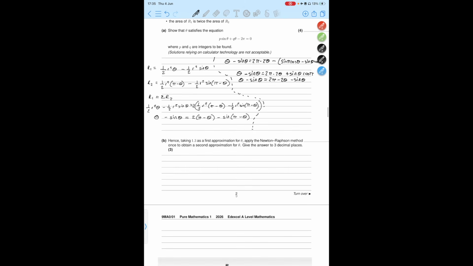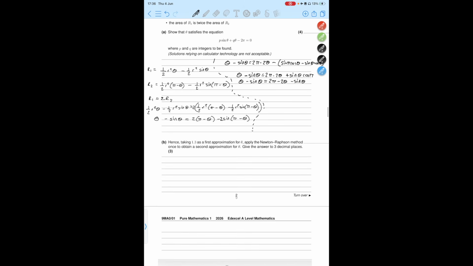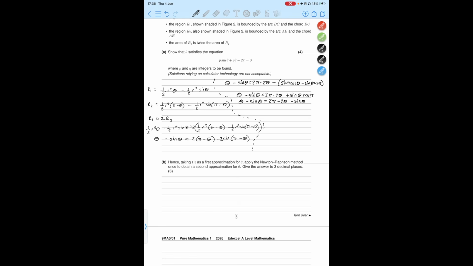When I was multiplying out here, I actually forgot to put a 2 here when I was going from this step to this step. So I'm sure people watching would have noticed that as well. So just going to go ahead and fix that. So this should have a 2 in front of it. So therefore, this should be plus 2. And therefore, this should be minus 2. Which is better now. Okay?